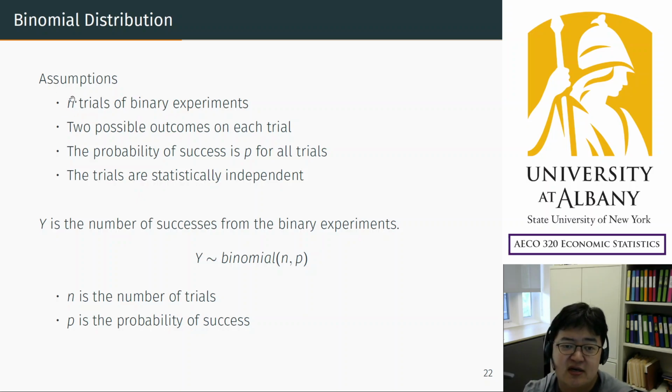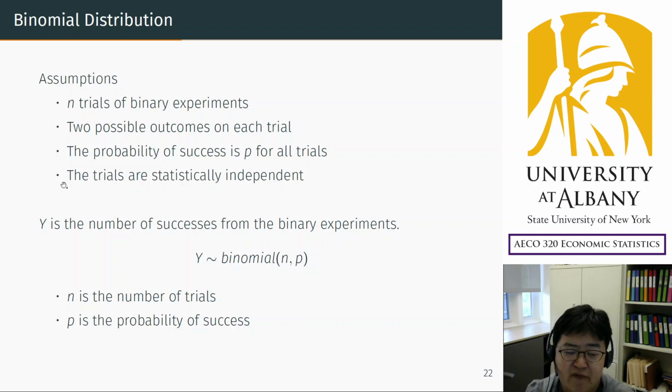And in each trial, in each experiment, it's binary. So there are only two possible outcomes, and of course, we are going to use 1 and 0. And in each trial, the probability of success is the same, p. P is the same probability of success for all trials, right?